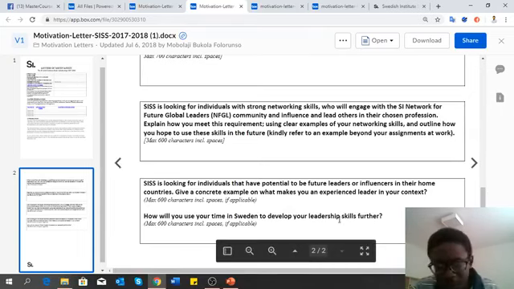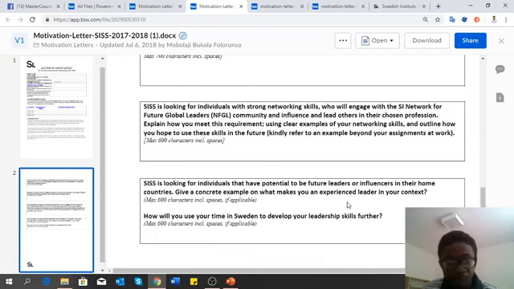So what they are asking about here is, how have you been a leader? How have you influenced others to achieve a goal, to achieve an objective, to carry out a project in the past? And then they want to know what your plans are. What are you going to be doing in Sweden to develop your leadership skills further?